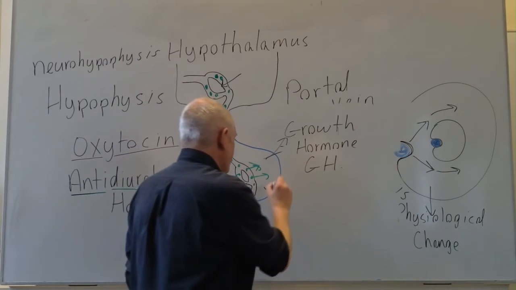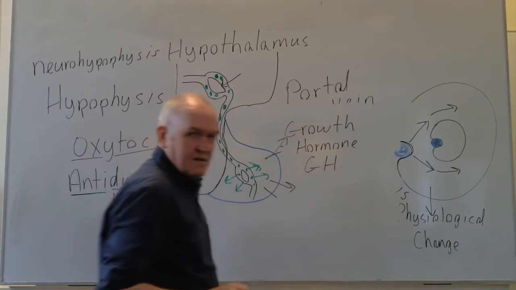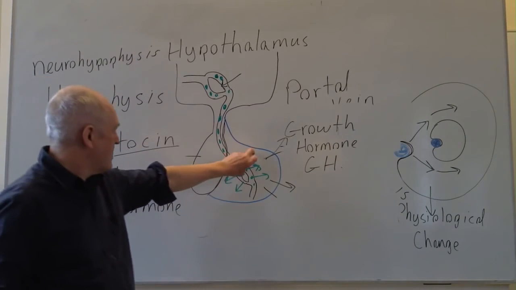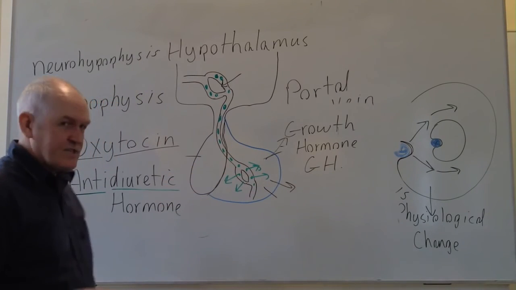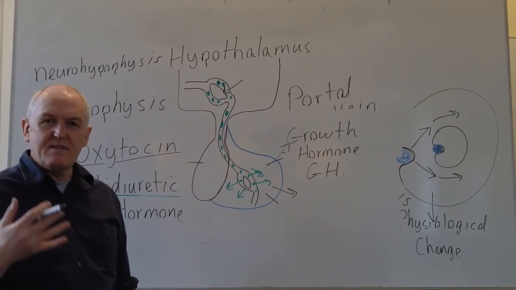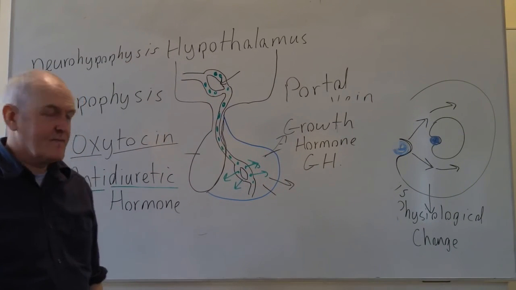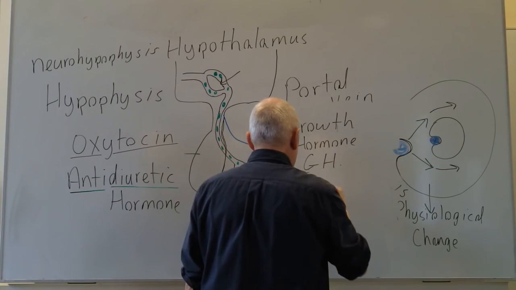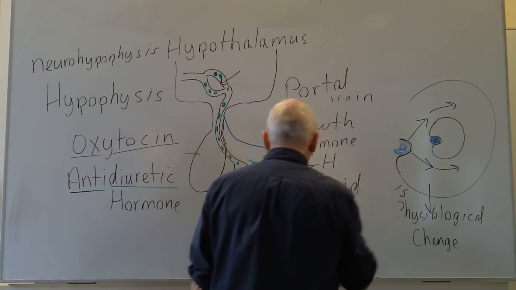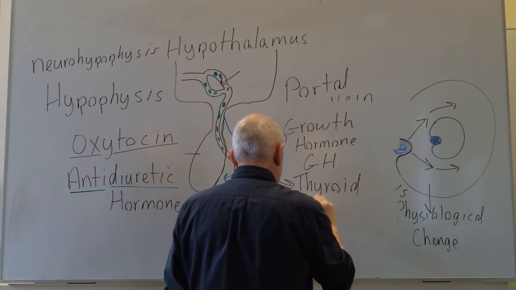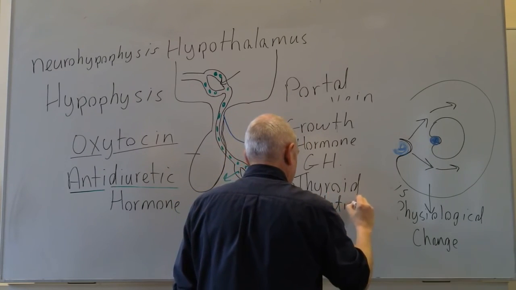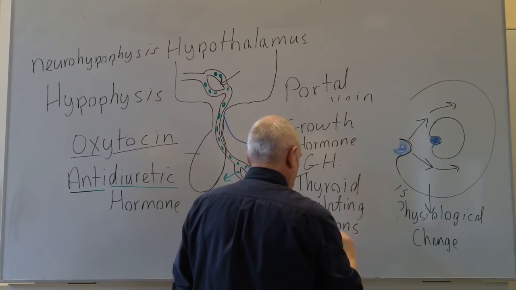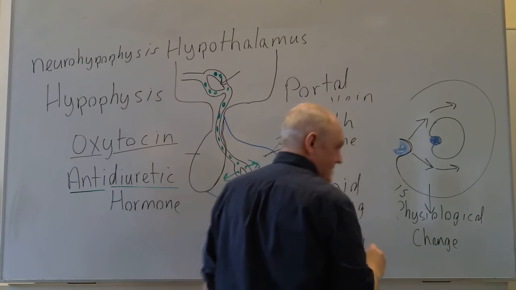Now, there's also a hormone produced by the adenohypophysis that controls the activity of the thyroid gland, which we'll see in a minute. This one's thyroid stimulating hormone, or TSH.